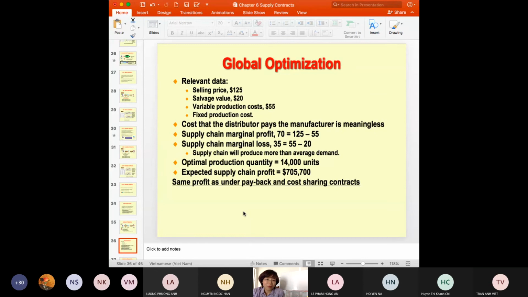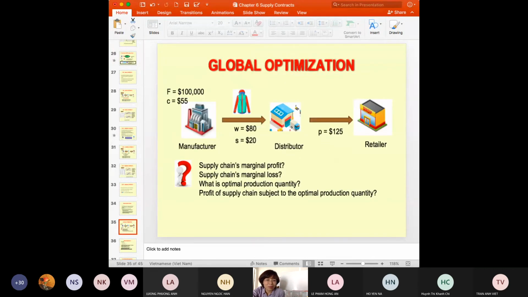Here we put in the information, the selling price, and calculate the total profits.